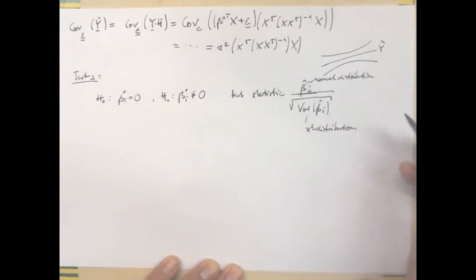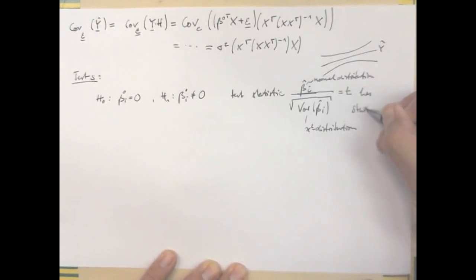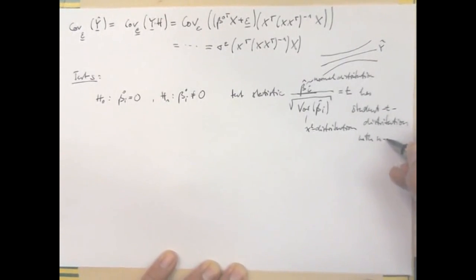And overall, you find that this test statistic T follows a student T distribution. I'm not showing the math here. Student T distribution with n minus p minus 1 degrees of freedom.